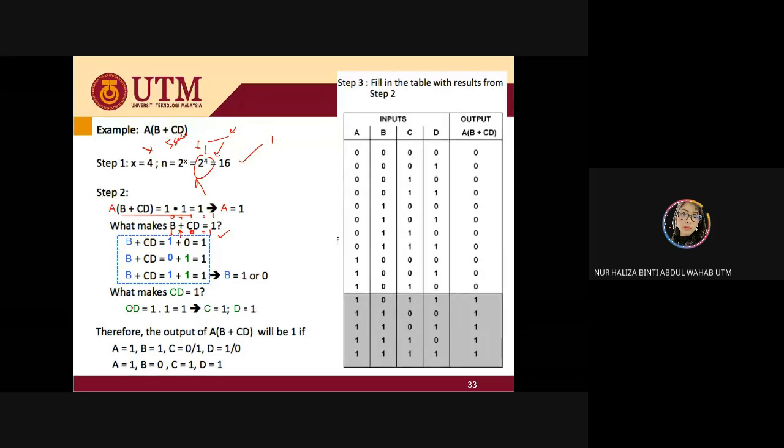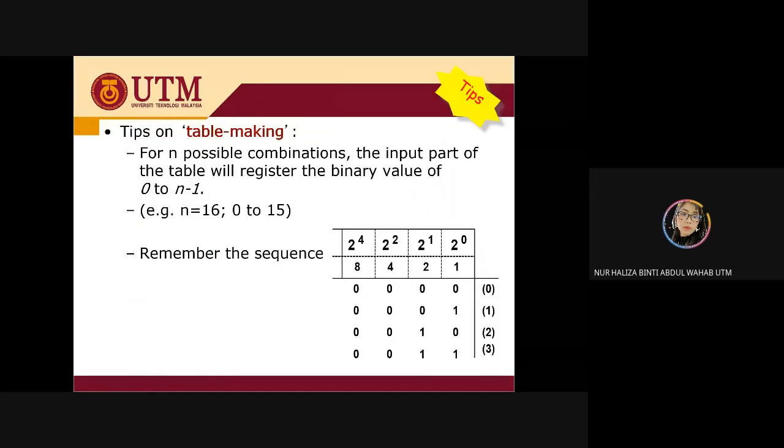Okay, if there is no more question, we proceed to the next subtopic. You can see here, there is a tip for you. Tips on table marking. For n possibilities combination, the input part of the table will be registered in binary. I think it is not a tip because I already informed all of you several times.